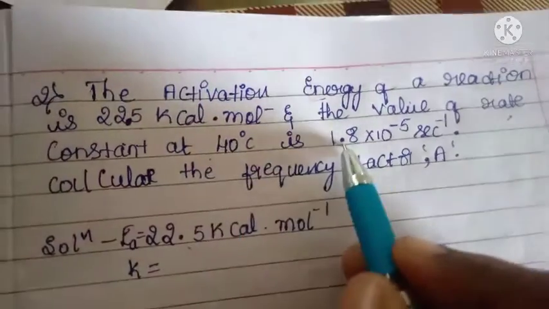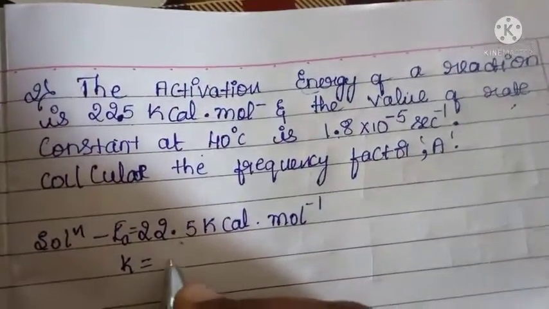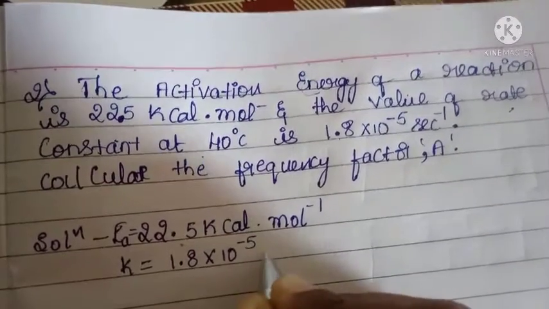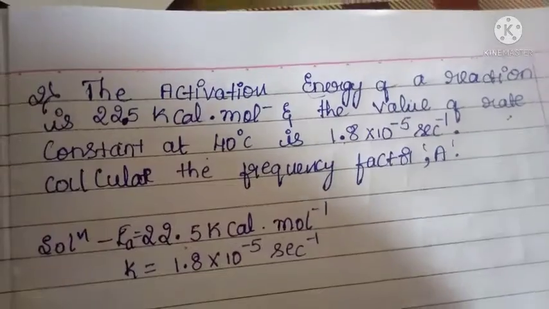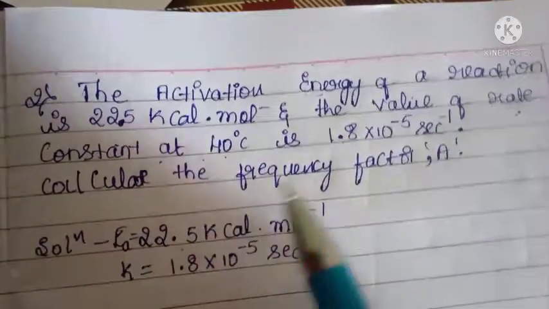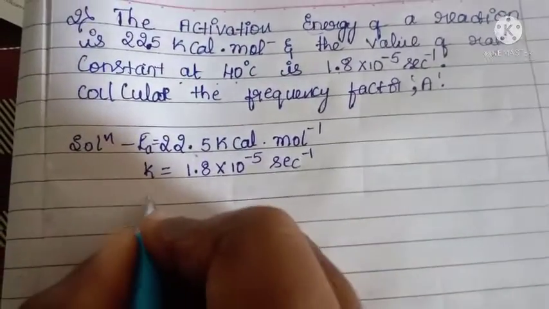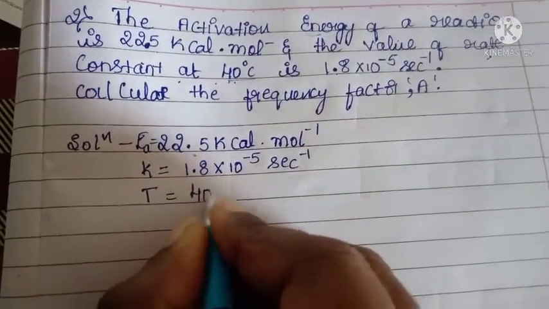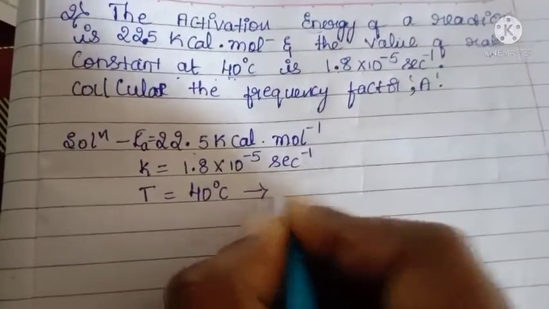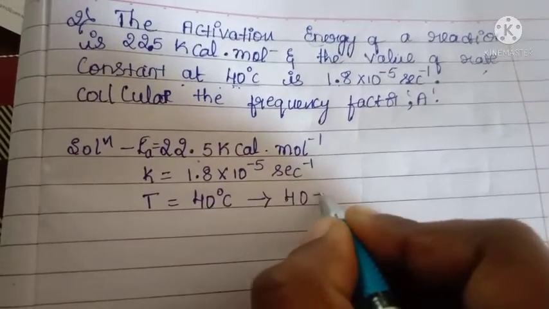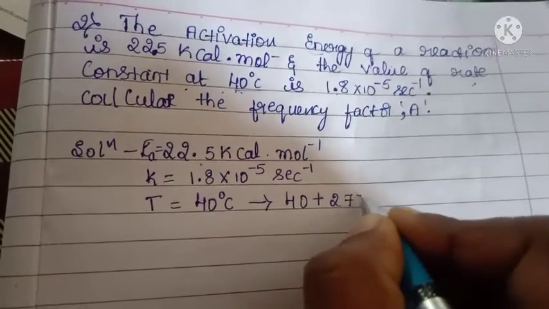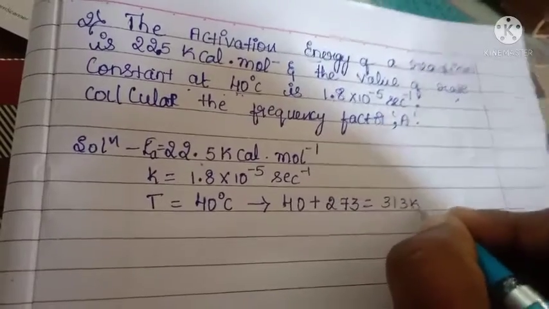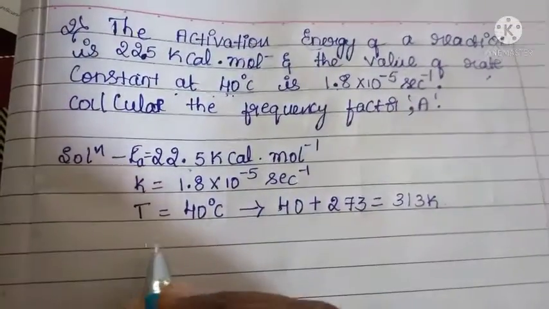Rate constant is 1.8 into 10 to the power of minus 5 second inverse. Then they have given a temperature also. You have to carefully observe. T is equal to 40 degrees Celsius. This degree Celsius should be converted to Kelvin, that is 40 plus 273, which is 313 Kelvin.